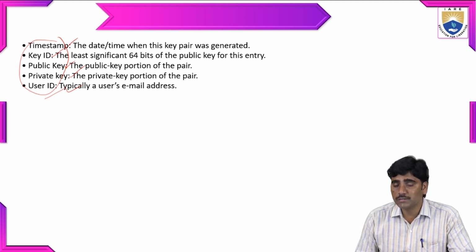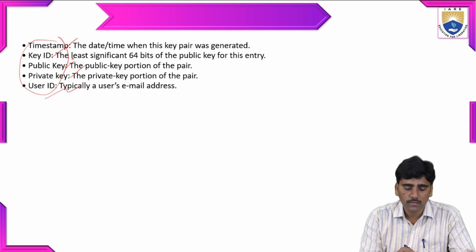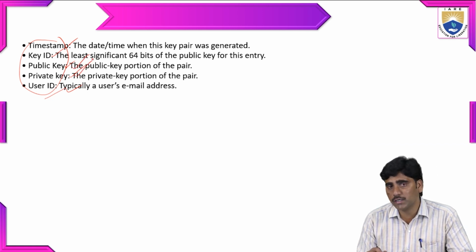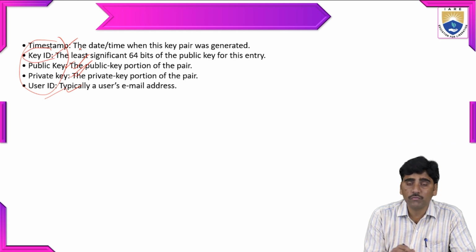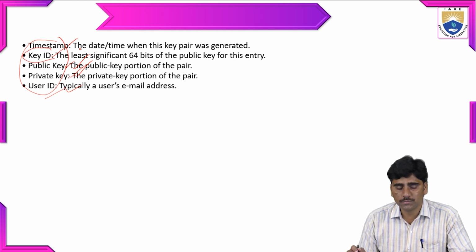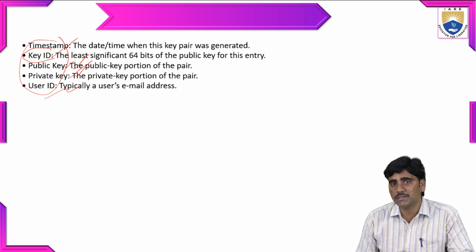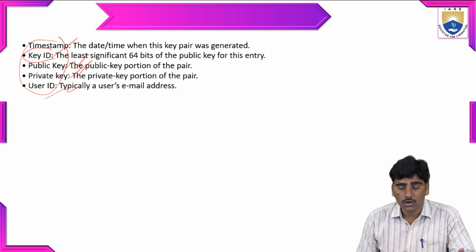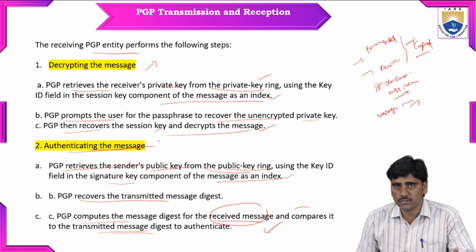Key rings are the data structures which maintain the pairs of both public and private keys along with the key IDs. So that is about PGP message transmission and reception. Once again we will revise the topic we discussed in this session.